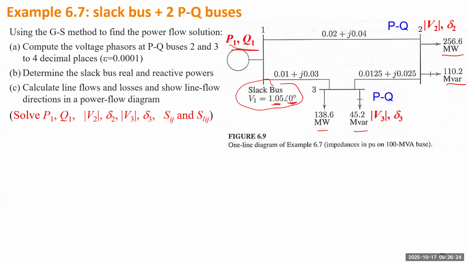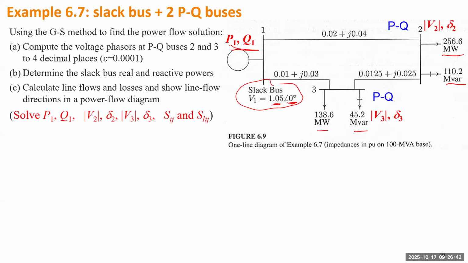Okay. And this system is very simple. Any two buses are connected by a single impedance, which means it can be a short line, ignoring the admittance to the ground. That makes the construction of the bus admittance matrix easier.